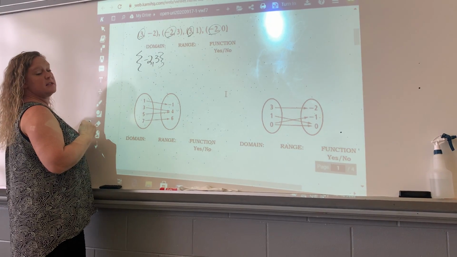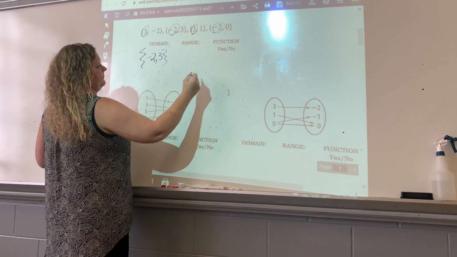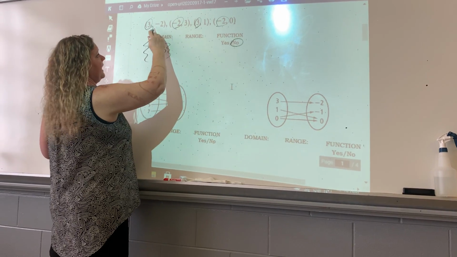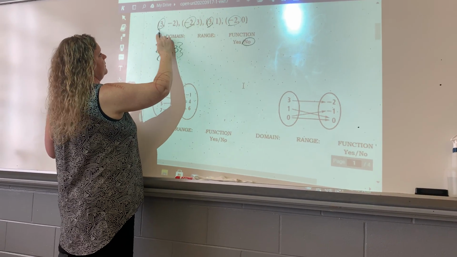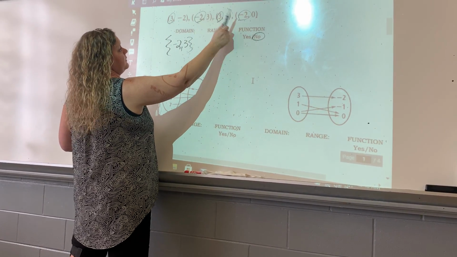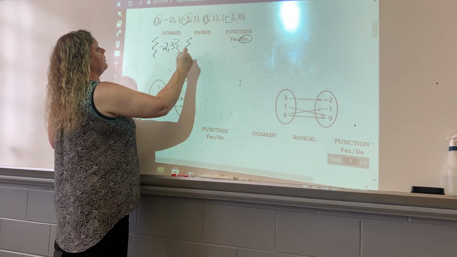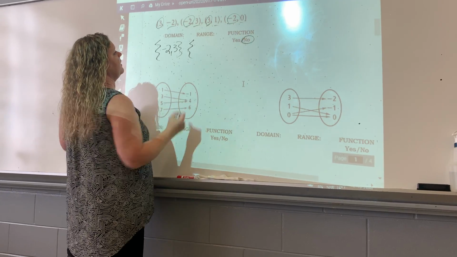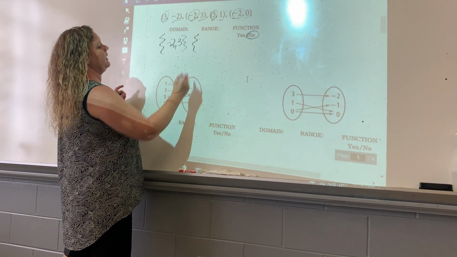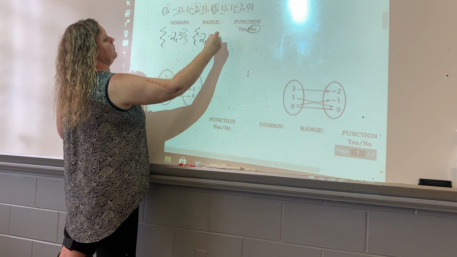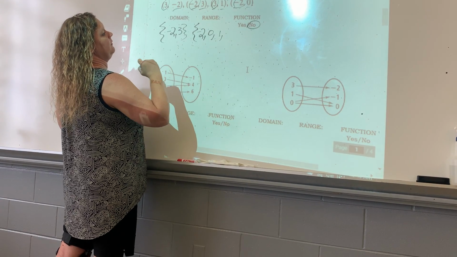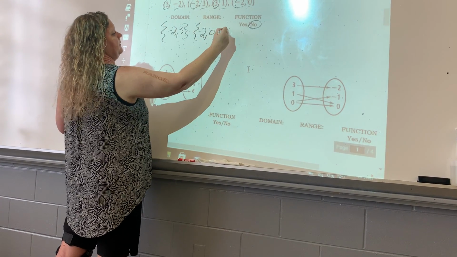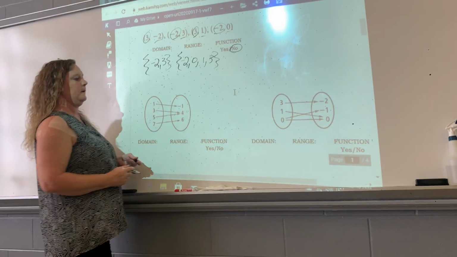I can already tell you, is this one a function? No, because the X values repeated. 3 was put with 2 different numbers and -2 was put with 2 different numbers. Your range would be -2, 3, 1, 0. So that would be -2, 0, 1, and 3. Okay.